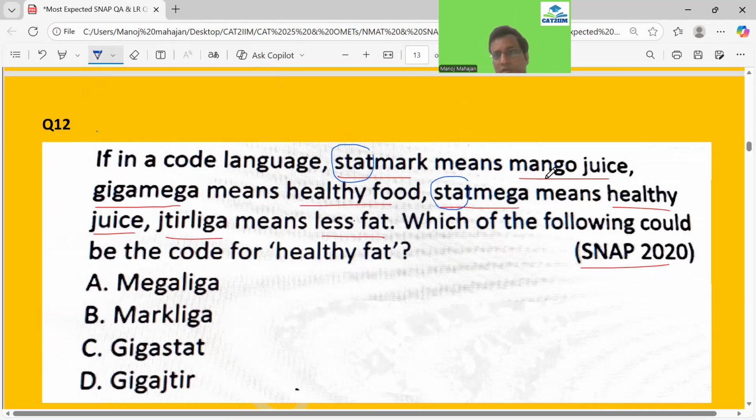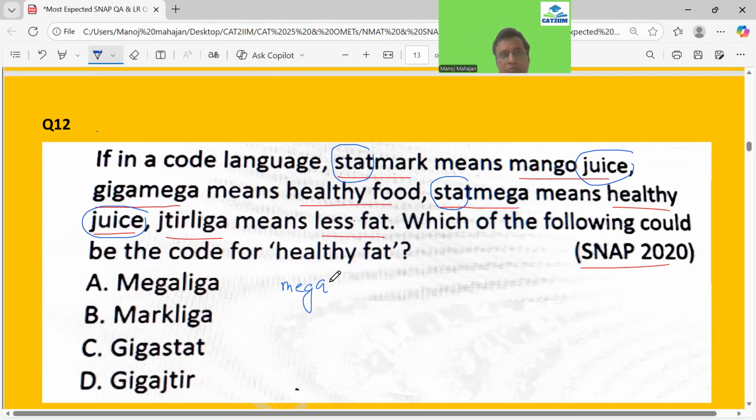If you look at the common word in the sentences mango juice and healthy juice, the common is juice. So the stat code is juice, that we can figure out. And once you do that, mark code would be mango, right? And mega code would be healthy. So which of the following could be the code for healthy fat? For healthy, we are going to definitely use mega.